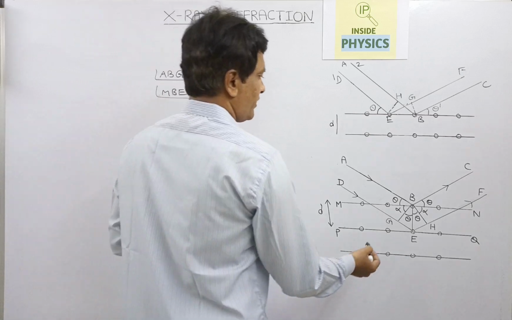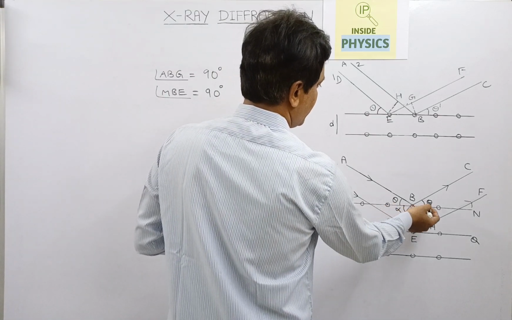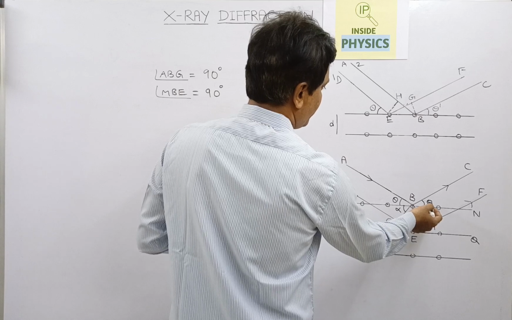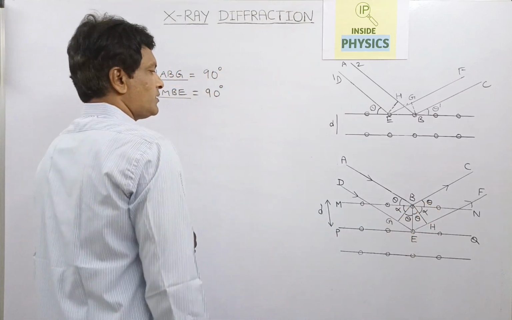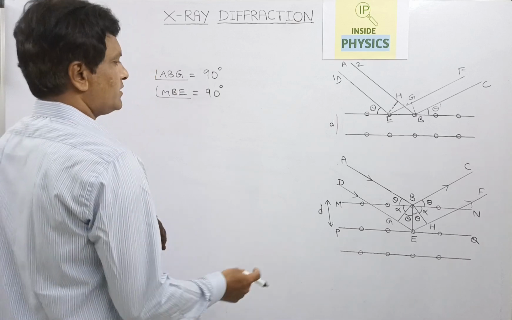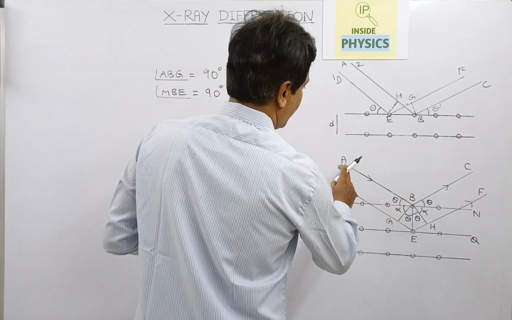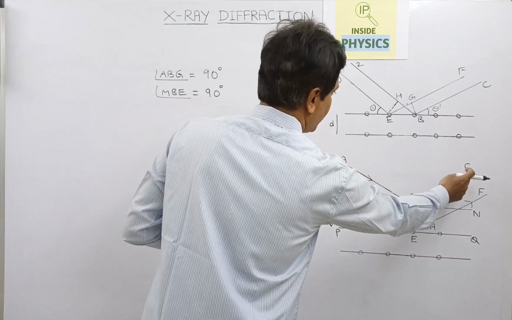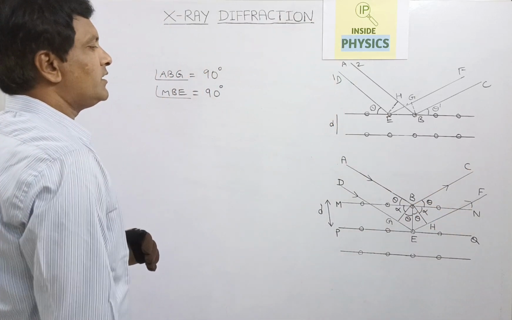As per the reflection rules, if this is the incident angle theta, this is the angle of reflection, and both are the same. So angle ABM is equal to angle CBN. That we can understand easily.